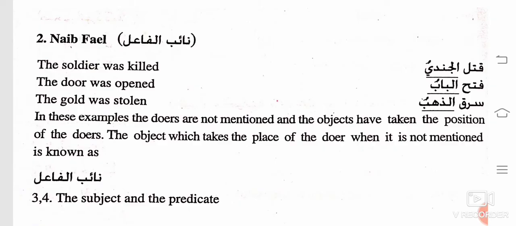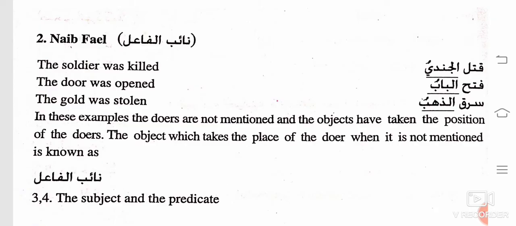So qutila al-jundiyu, the soldier was killed. Qutila is fi'l madi, jundiyu is naib fa'il, and it is raf'u because it is naib fa'il. Then futiha al-bab, the door was opened. Who opened the door? It is not mentioned.